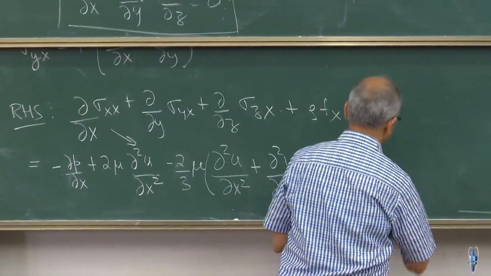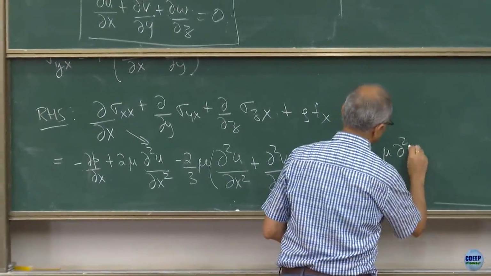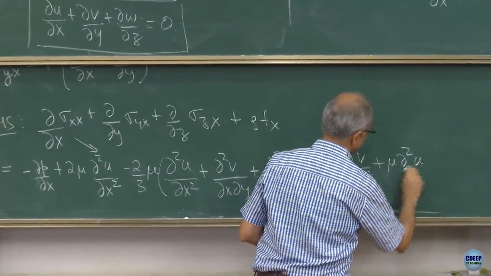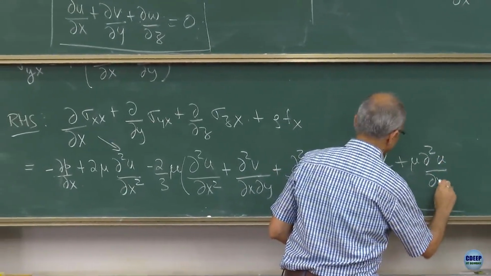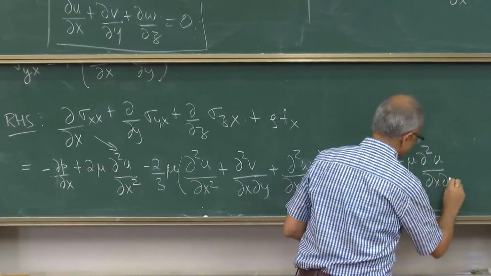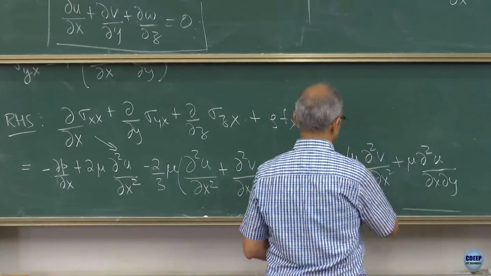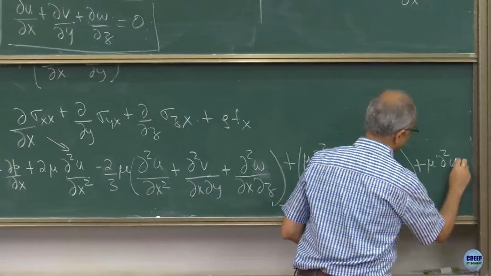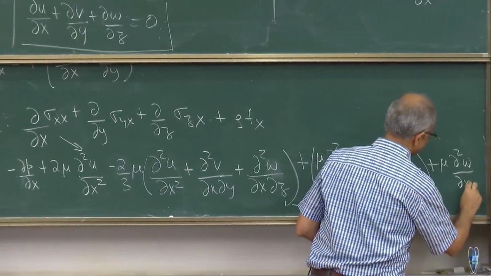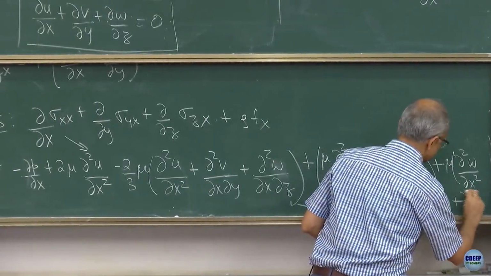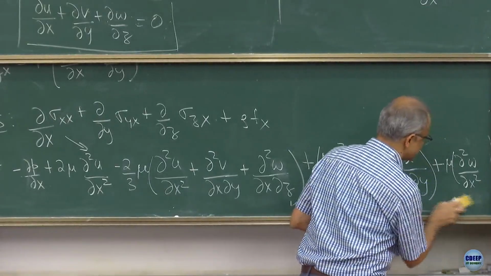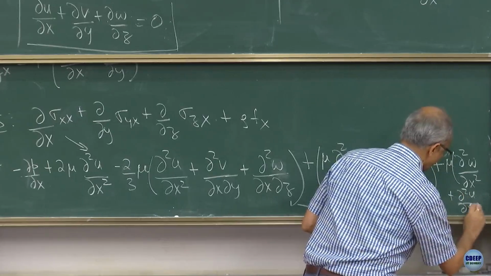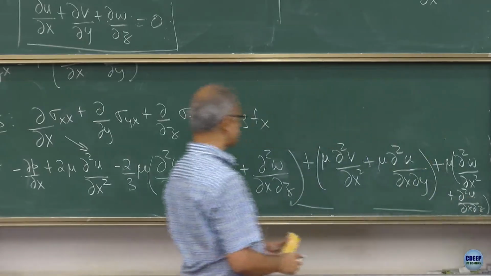So mu times dou squared v by dou x squared plus mu times dou squared u by dou x dou y plus mu times dou squared w by dou x squared plus dou squared v by dou squared u.